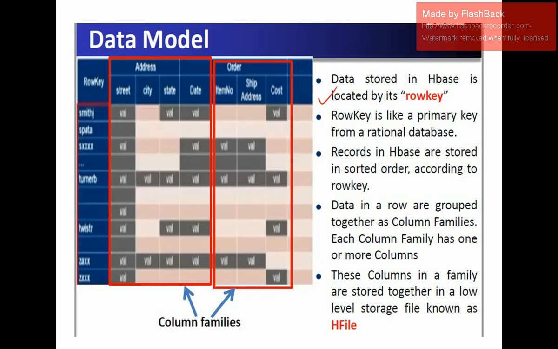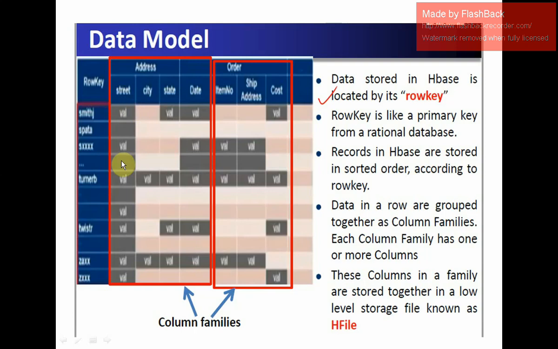Next we come to the data model with an example. Whatever data is stored in HBase is stored in the form of row keys, where all the row key data are stored in sorted order. As you can see, we have street, city, state, date, item, ship address, cost.